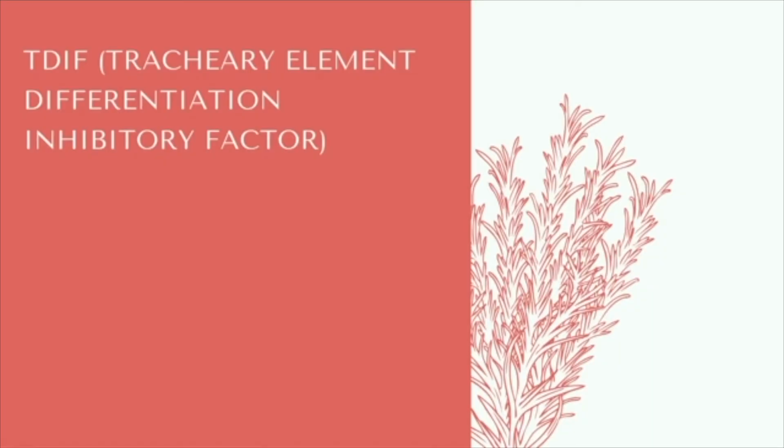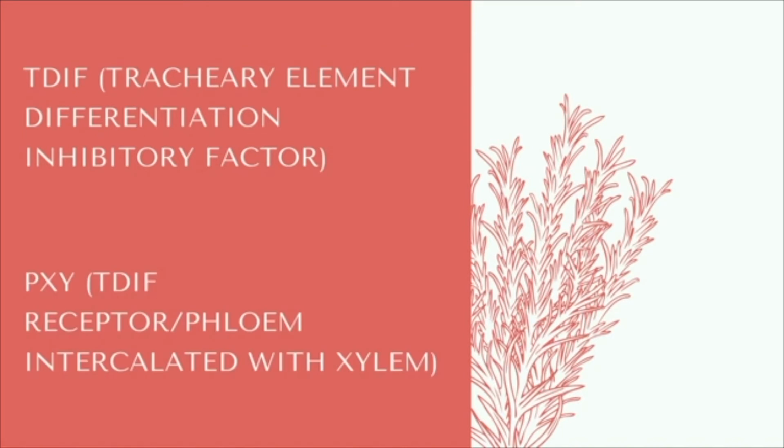TDIF, or tracheary element differentiation inhibitory factor, is an amino acid peptide that works in the signaling pathway with PXY, a TDIF receptor, or phloem intercalated with xylem, to maintain procambial and cambial cells, so that these cells can form vascular tissue.